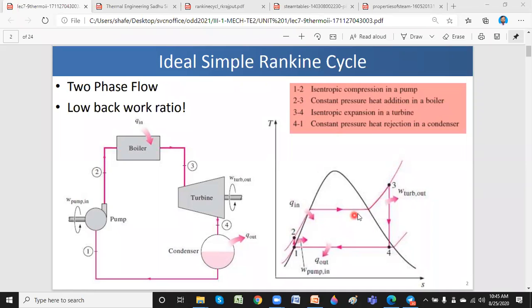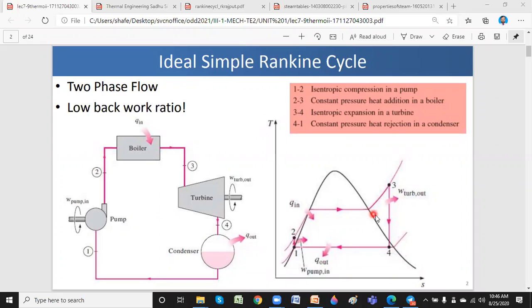Once you get to 3, it has to expand to 4. So 3 to 4 is expansion in the turbine, again isentropic expansion. And finally 4 to 1 is condensation, where you reject heat in a condenser. That's the heat output.